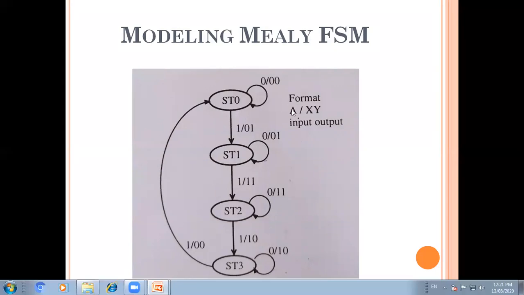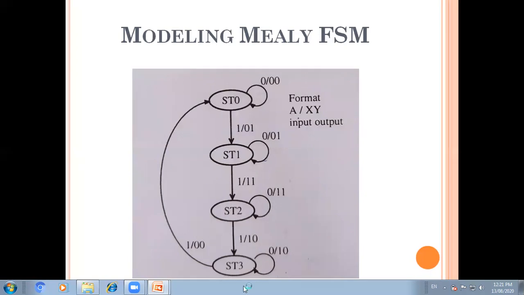This is the input signal and output signal, in the format input and output.